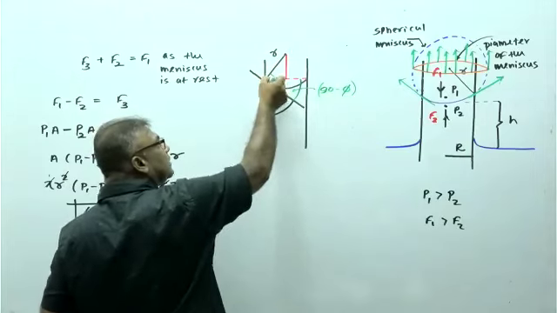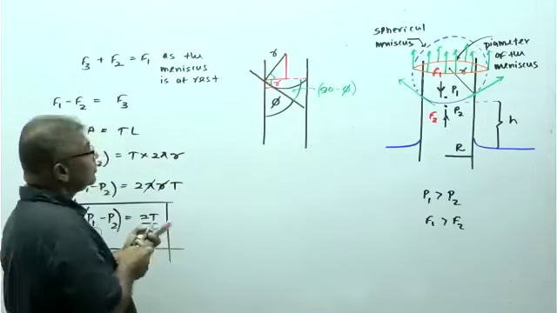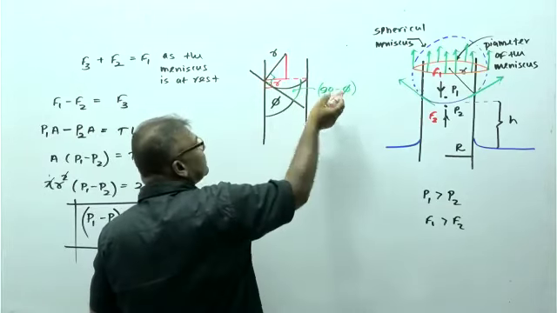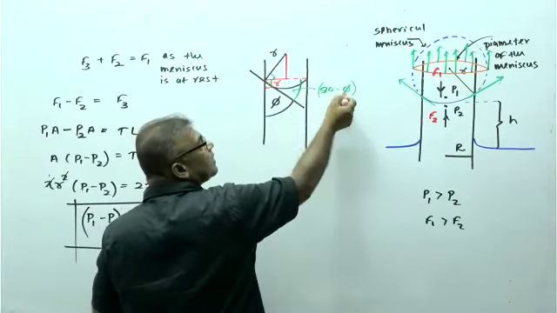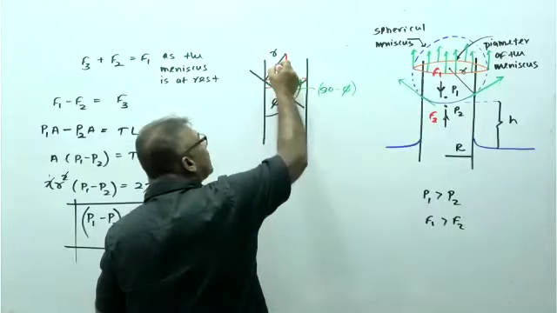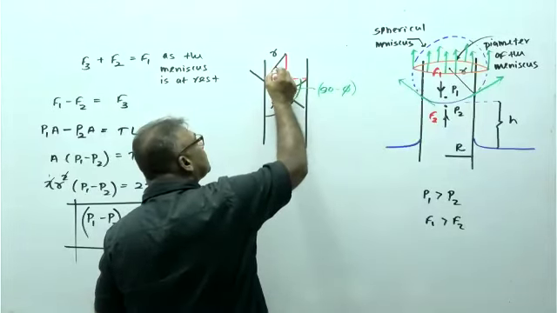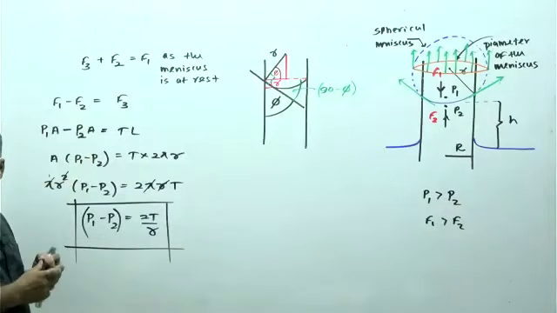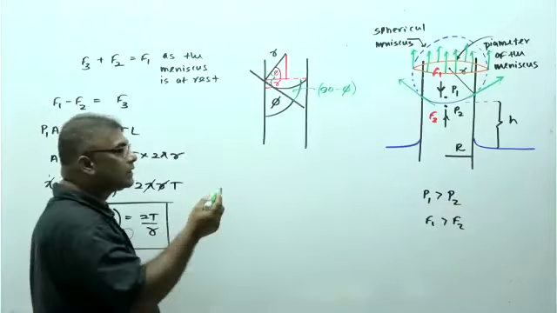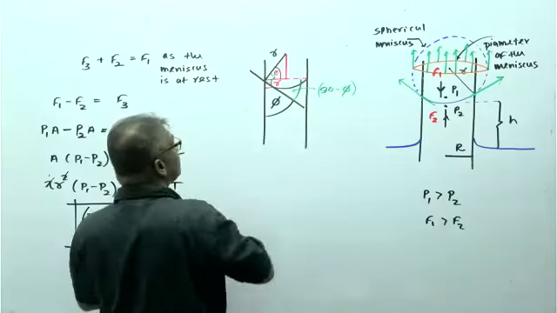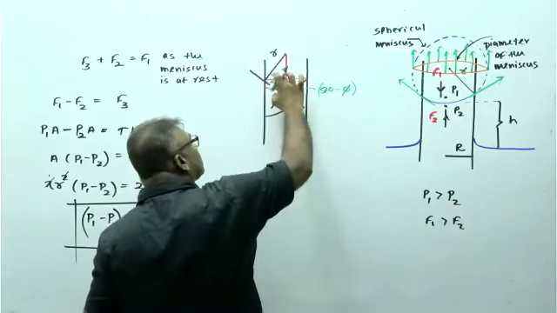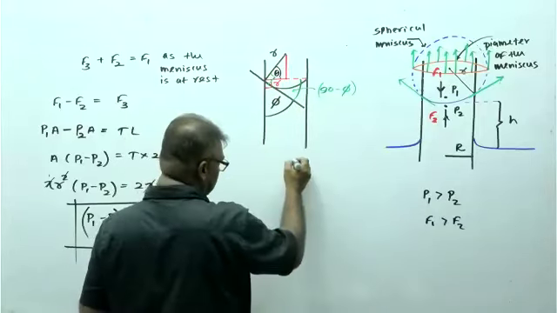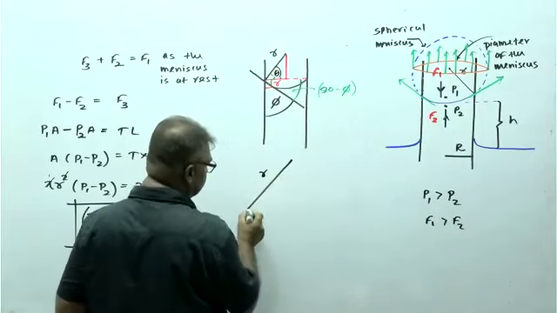Then this whole angle is 90, and part of that is 90 minus psi, so this angle should be psi, no? Cross-check as you draw. Don't draw now, just watch. This angle is psi. That means this one is the radius of the meniscus.